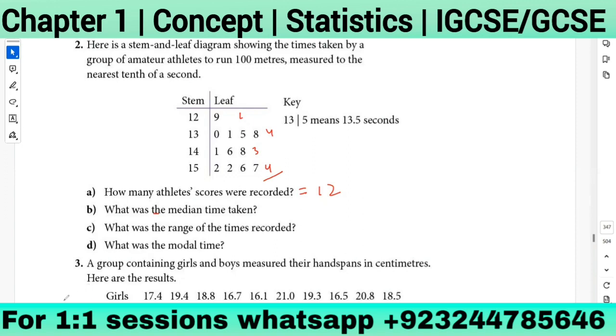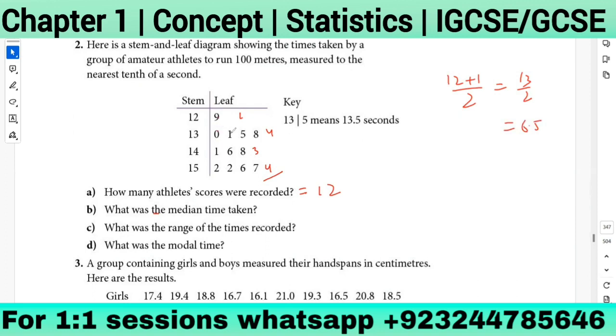This is already arranged, so I will do it like this. The median time taken should be the 12 plus 1 by 2th term, 13 by 2, the 6.5th term.